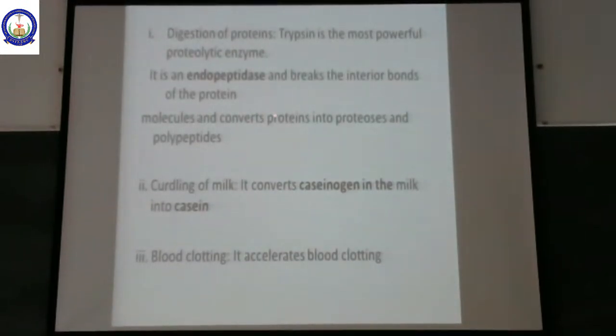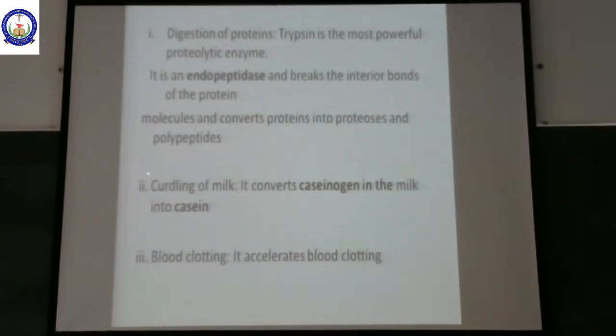It converts proteins into proteoses and polypeptides. By cleaving the inside bonds, it converts one big chain into smaller chains. Smaller chains of amino acids are called proteoses and polypeptides. This is one function.